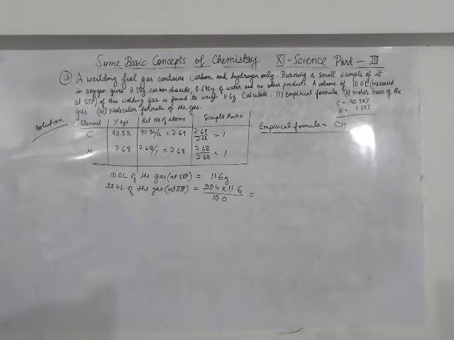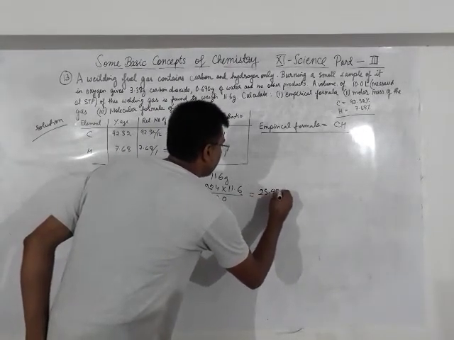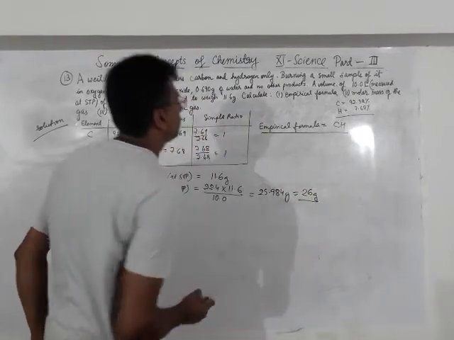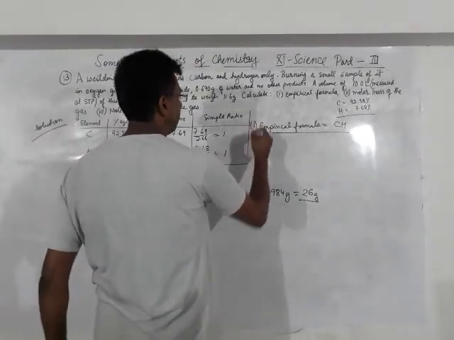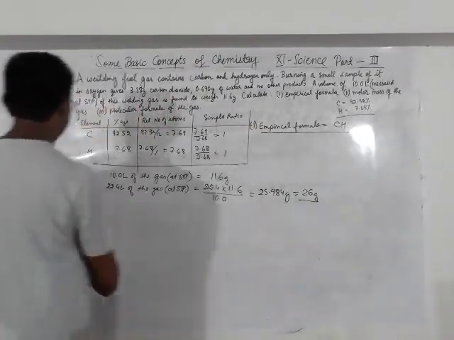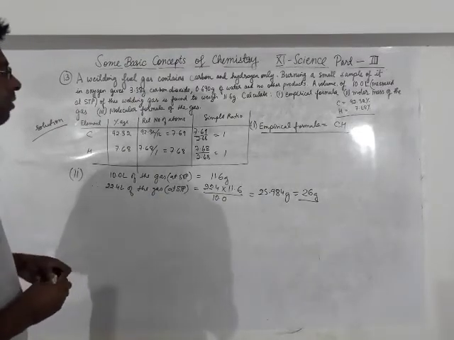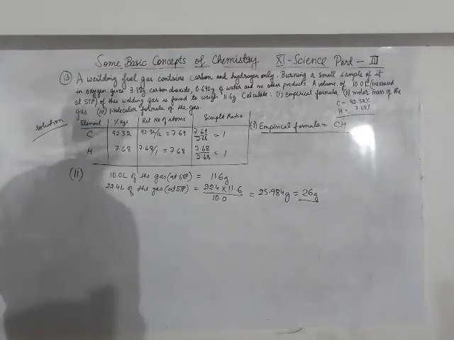The molecular mass of the gas upon simplification comes to 25.984 gram, and this is roughly 26 grams. We got the empirical formula as answer number 1, and answer number 2 is that the molecular mass of the gas is 26 grams.